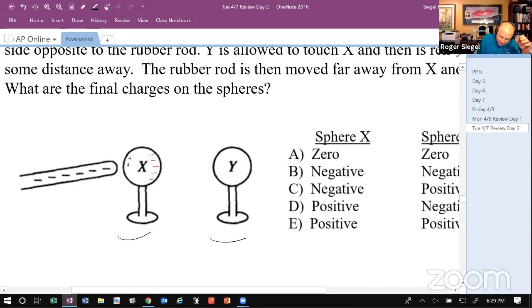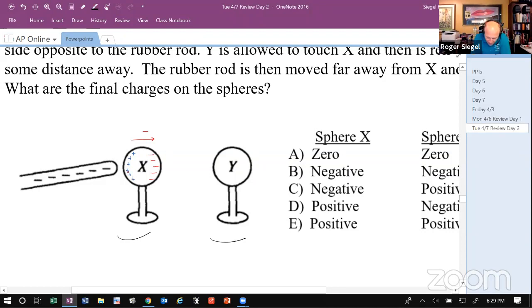And why is it positive? Because all these electrons that are free to move in this setup got as far away as they could. So the electrons here moved to the right, and they left this side with fewer electrons, which made that side positive.